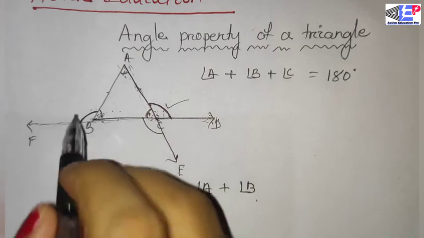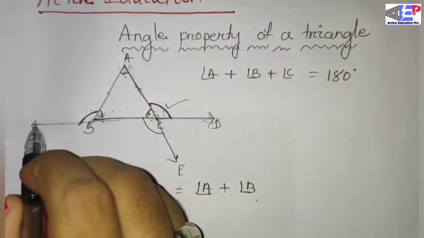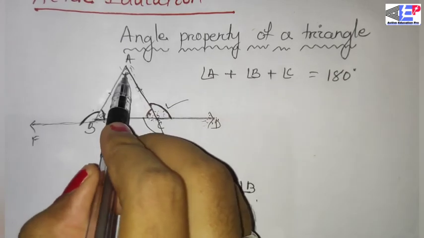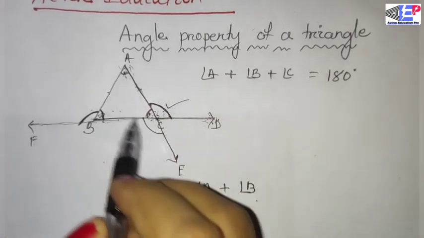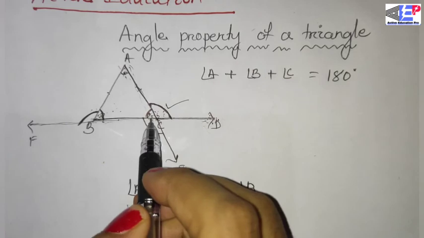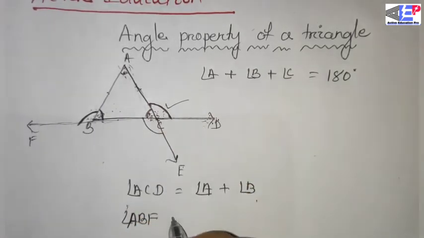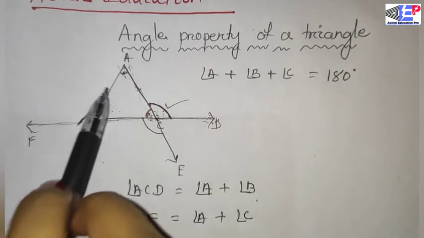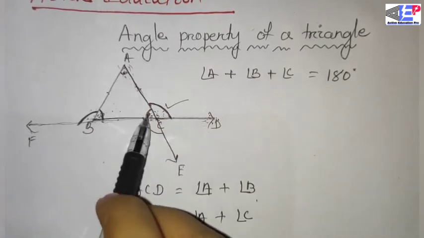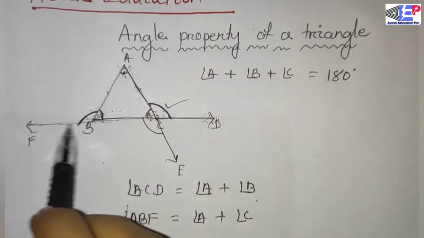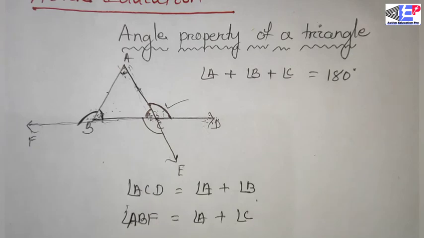This is the exterior angle ABF, and A and C are the opposite interior angles of the exterior angle ABF. So ABF is equal to A plus C. The sum of these two opposite interior angles is equal to the exterior angle ABF. So this is the second angle property of a triangle.